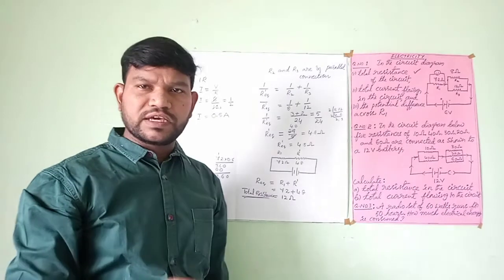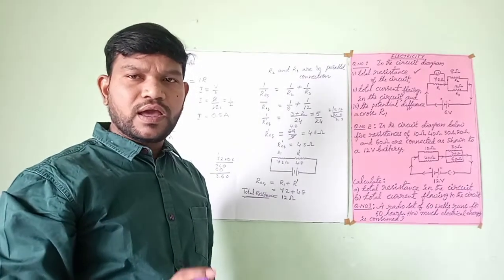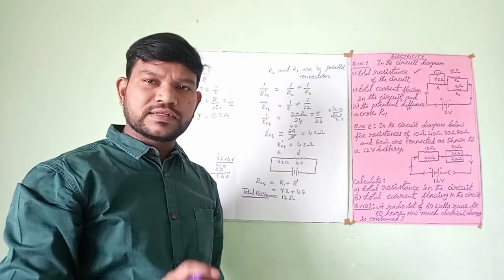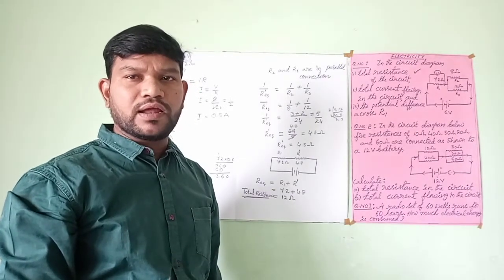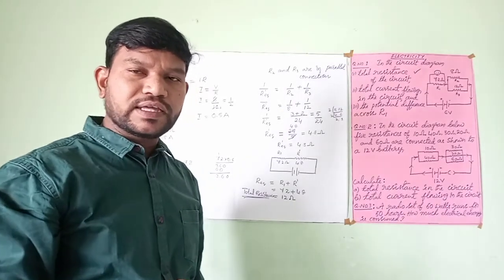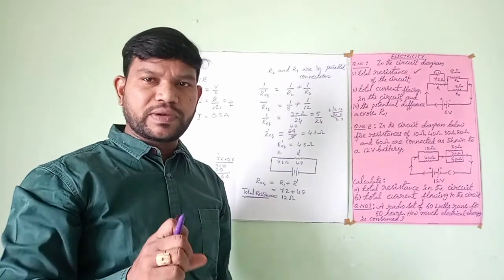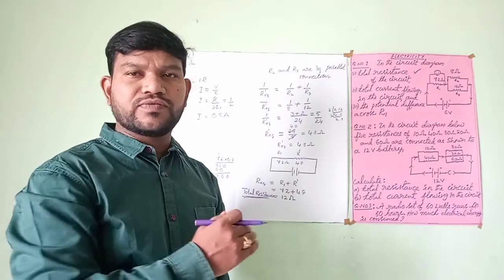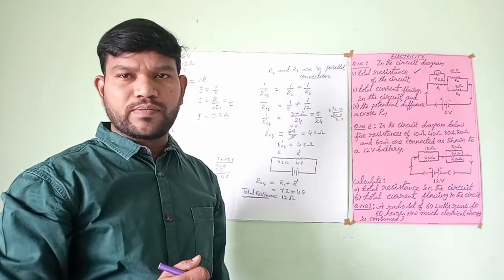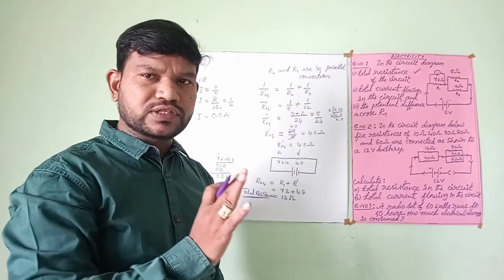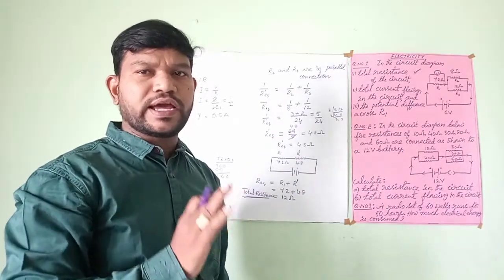Whenever a problem is given, first we need to identify how many resistances are present in the circuit, how many are in series and how many are in parallel. If the resistances are in parallel, first we need to identify the equivalent resistance of those parallel connections. After that, those are in series connection. So we can easily solve the problem. Is it clear, students, what I explained? So first we need to study the circuit diagram.